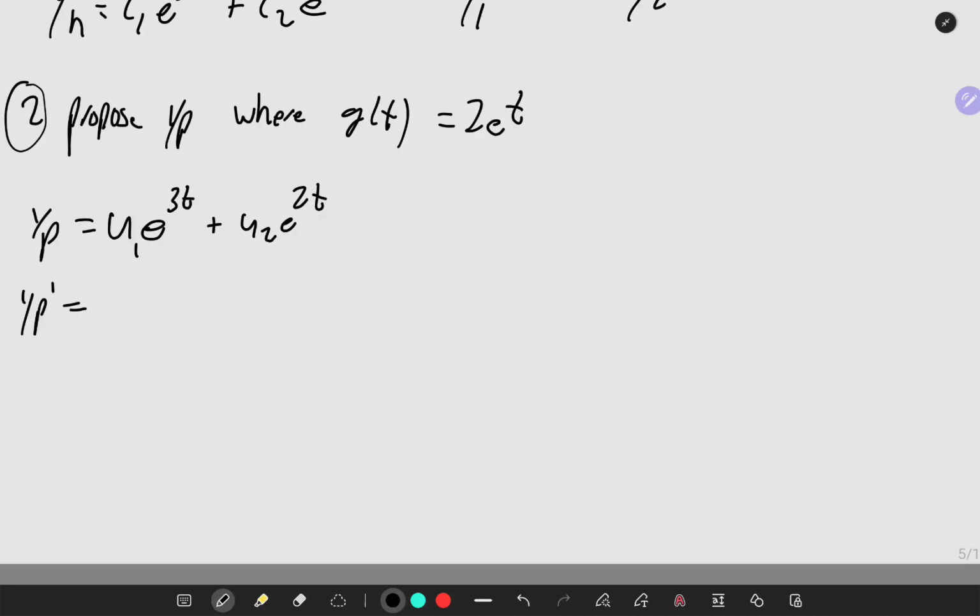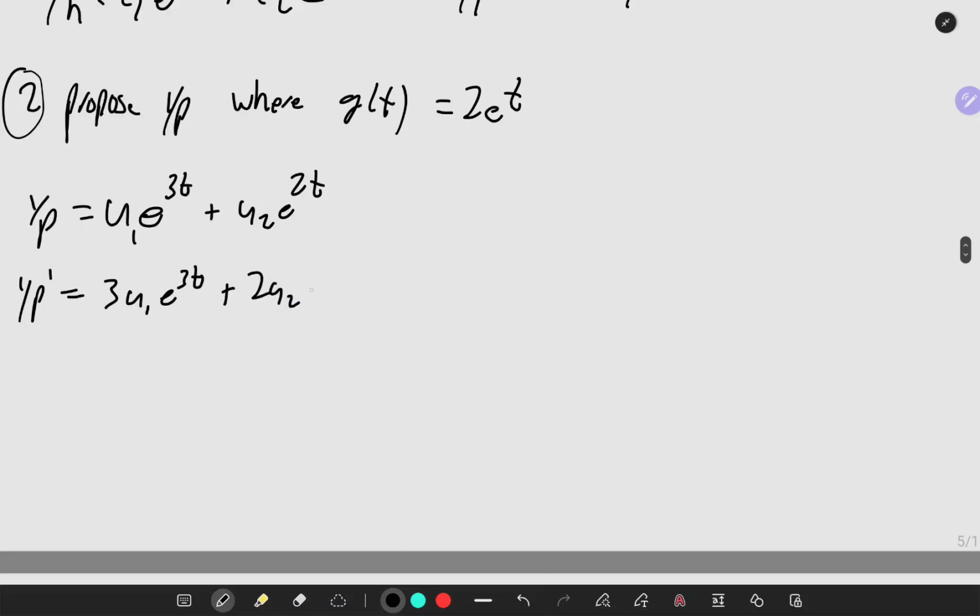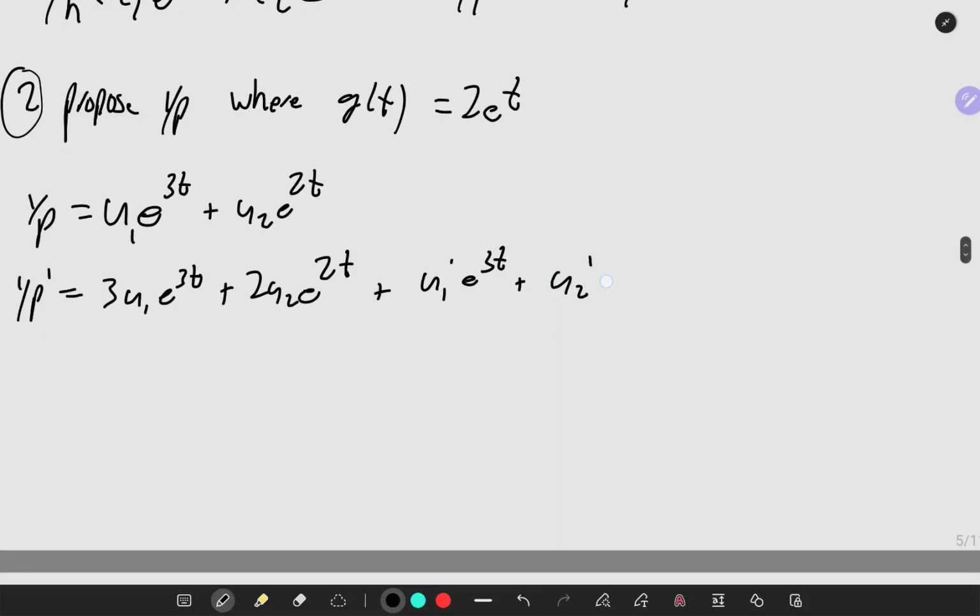So y p prime would be, let me do the non-prime terms first: 3 e to the 3t times u1, plus 2 u2 e to the 2t, plus, and then I'll do the primes now, u1 prime e to the 3t plus u2 prime e to the 2t.